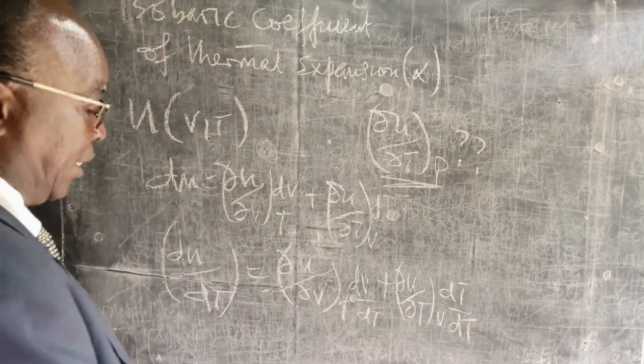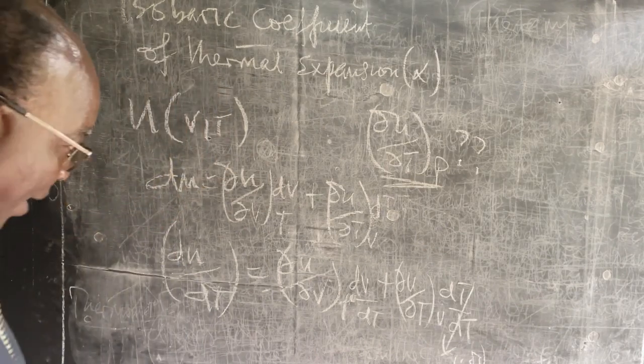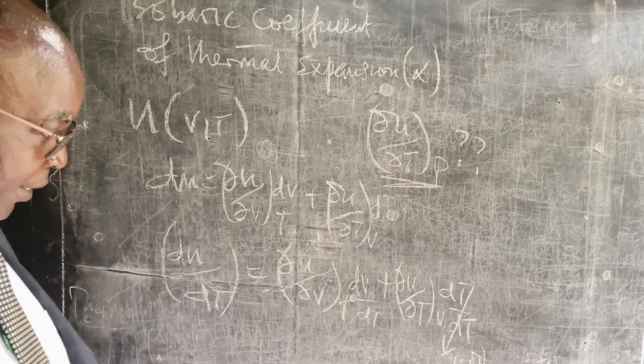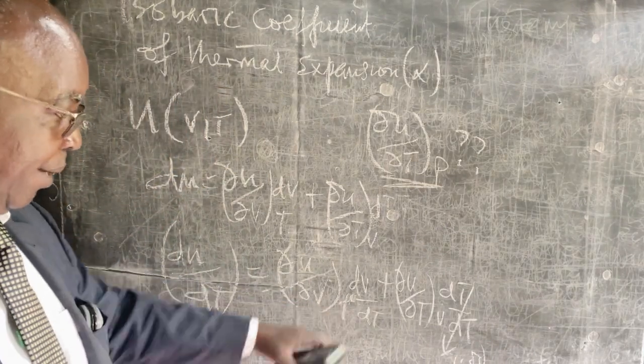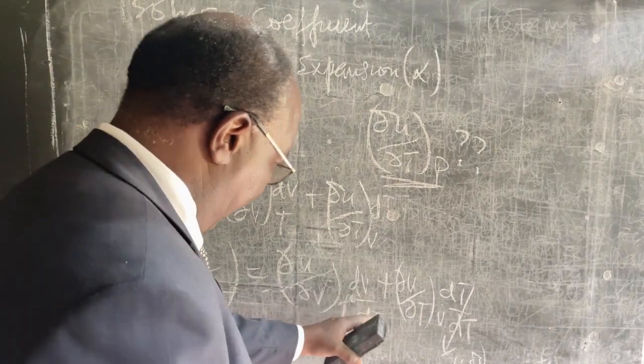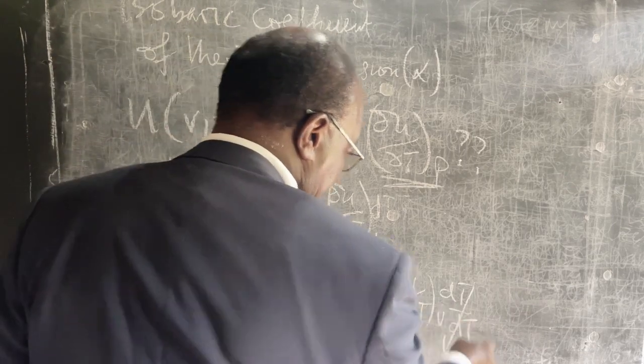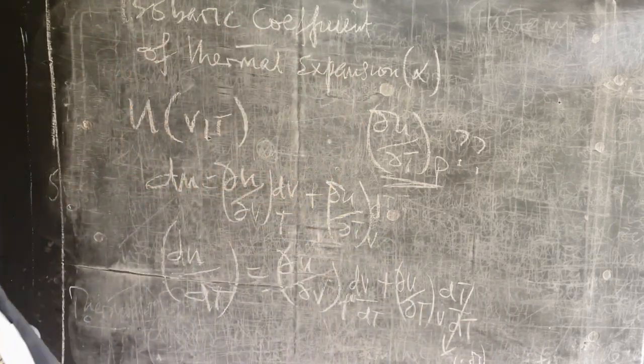And of course, dT divided by dT is just 1, or unity. And so we are left with del U del V at constant T, which we have already determined from Joule's experiment, and we have dV dT.